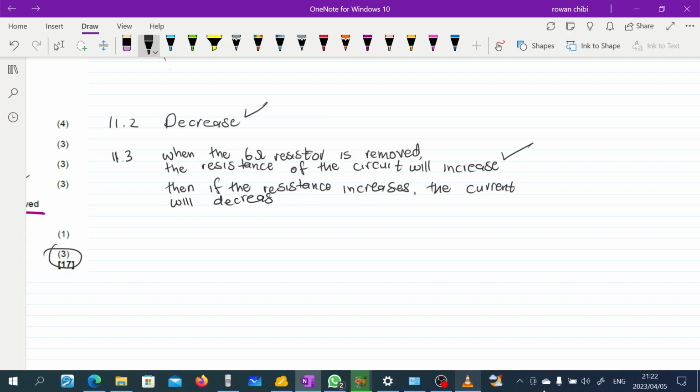That's correct. Why? Because the current is inversely proportional to the resistance.